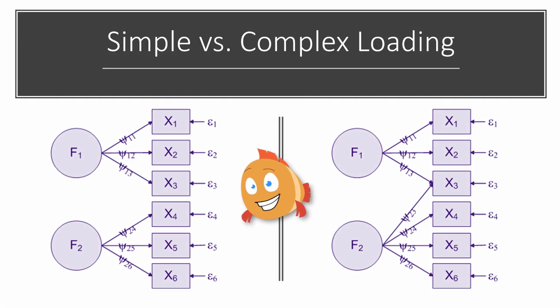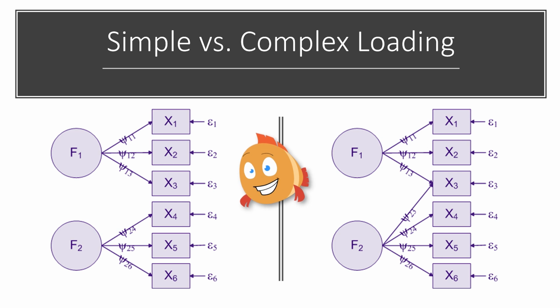Okay, so simple structure is this data structure where we've got 2 factors. So this is the one on the left, where all the arrows map nicely. We've got items 1 through 3 are only associated with factor 1, and items 4, 5, and 6 are only associated with factor 2.